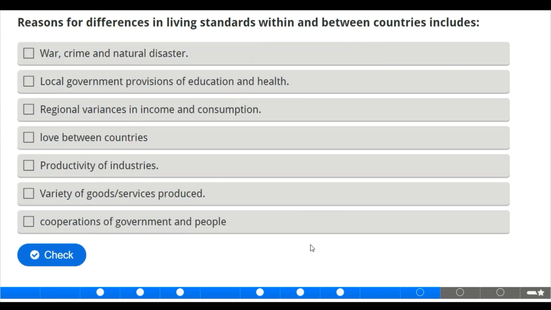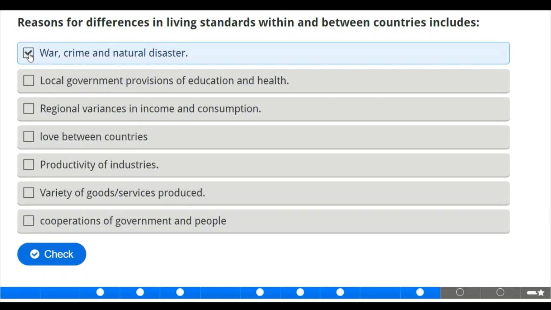Moving to the next slide, we now have the reasons for differences in living standard within and between countries. Why do we have differences in living standard within countries and between countries? Here we have war, crime, and natural disaster. Of course, war, crime, and natural disaster are among the reasons why we have differences in living standard.